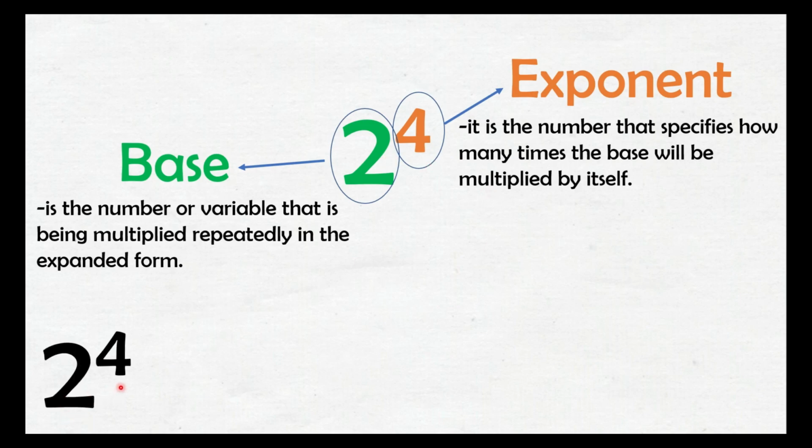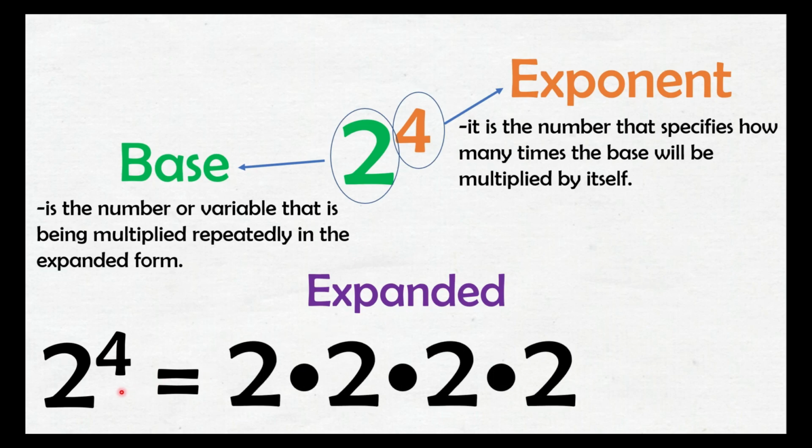So, again, we have the expression 2 raised to 4. Titignan natin ngayon kung ano yung expanded form niyan. So, as a review, kung i-expand natin yung 2 raised to 4, ang gagawin natin is uulitin natin ng 4 na beses yung base na pinagmumultiply natin siya sa sarili niya. So, we have 2 times 2 times 2 times 2.